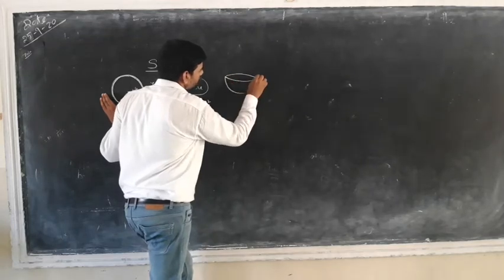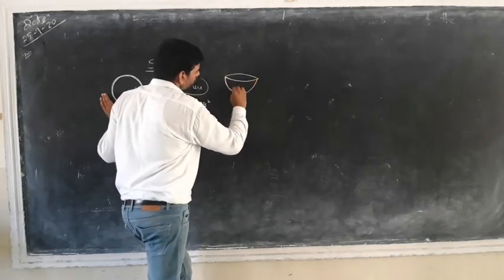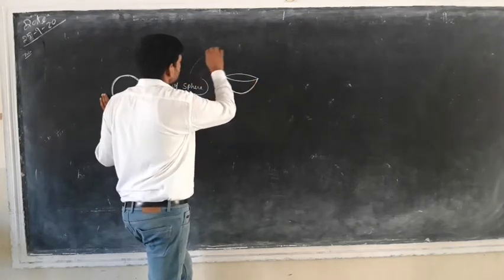If we cut the sphere, the shape we find is a hemisphere.